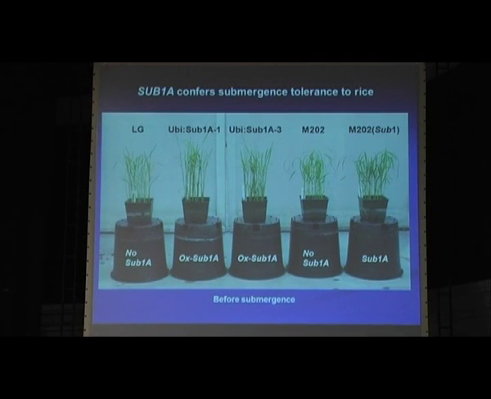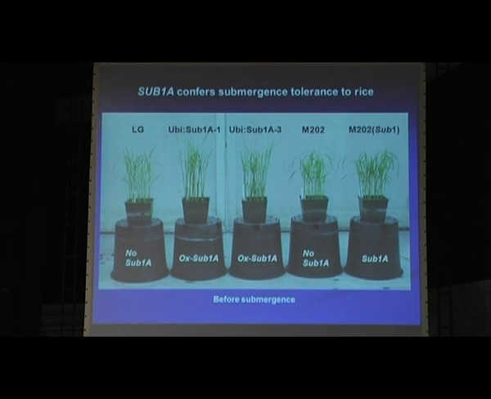There are 5 different rice cultivars here. They are all different genotypes. The first genotype is LG japonica, and basically all japonica we tested lack SUB1A. It doesn't have SUB1A. The second and third genotypes are overexpression lines of SUB1A, and the background genotype of these lines is LG. The fourth line, M202, is also japonica.